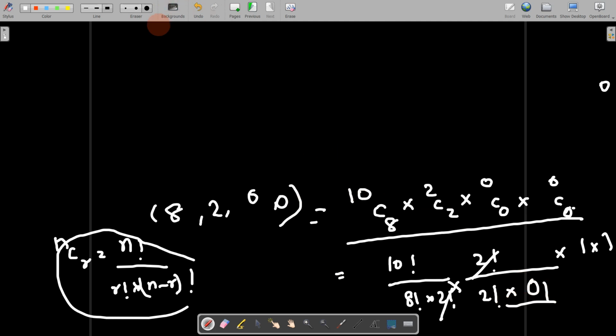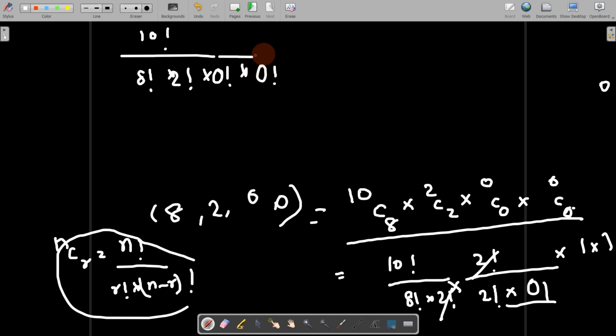This calculation we will get: 10 factorial by 8 factorial into 2 factorial into 0 factorial into 0 factorial, right? So that is the coefficient for the red house getting 8, blue house getting 2, green house getting 0 and yellow house getting 0.